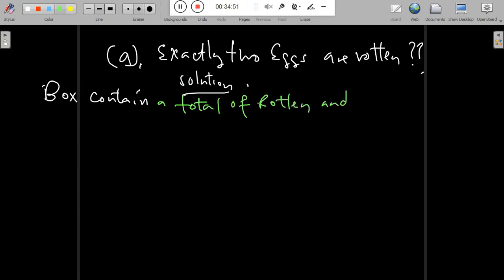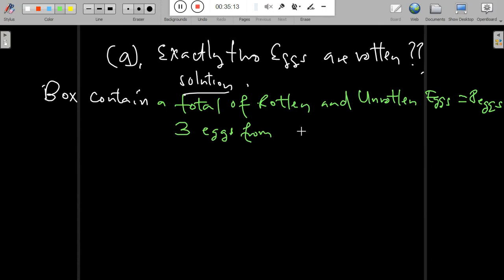So the box contains a total of rotten and unrotten eggs that gives you 8 eggs. 3 eggs were rotten, as mentioned in the question. So since 3 eggs were rotten, we take 8 minus 3 to obtain 5 eggs which were unrotten.